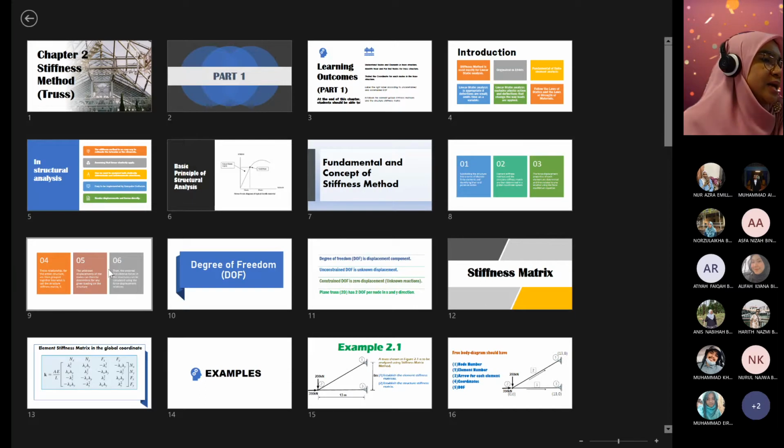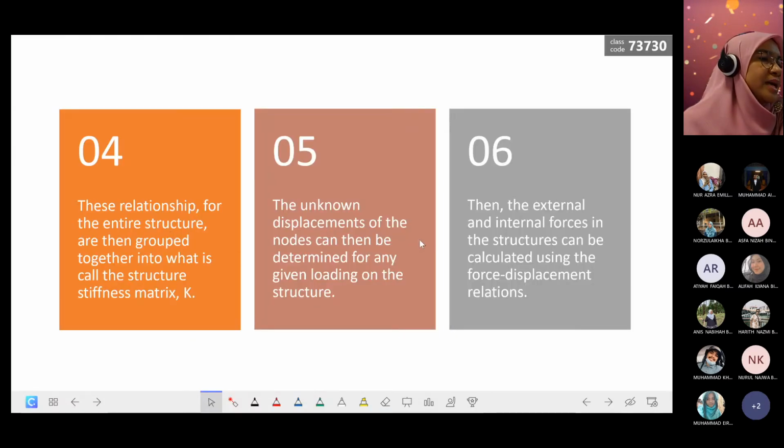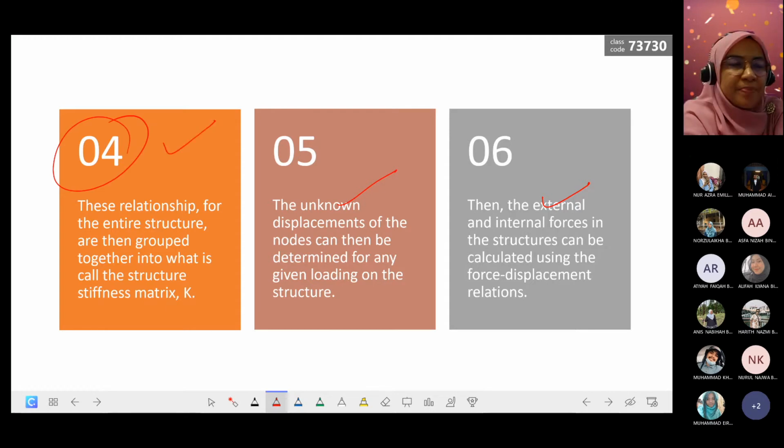Sebab kita nak calculate displacement dengan forces. Tapi kita kena make sure K kita ni correct. Because kalau K ni correct, the rest will be correct. Kalau K salah, yang belakang-belakang tu kalau you tahu pun, you akan dapat salah juga kan. So saya nak betulkan yang K tu dulu.